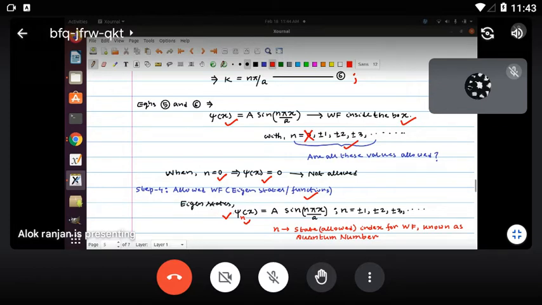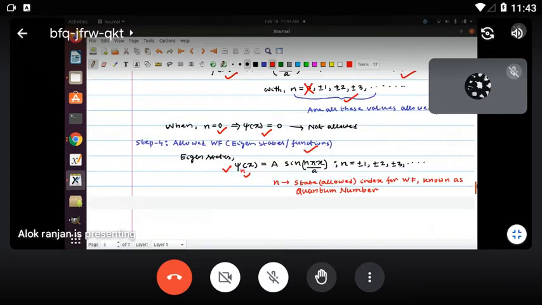So now we see that when we solve the Schrodinger equation, we get allowed wave functions, that means the eigenstates. That was our main objective, to get the eigenfunctions.